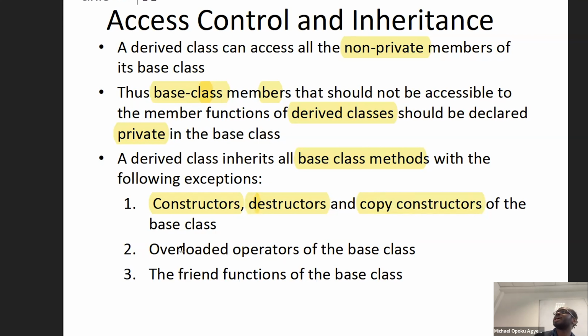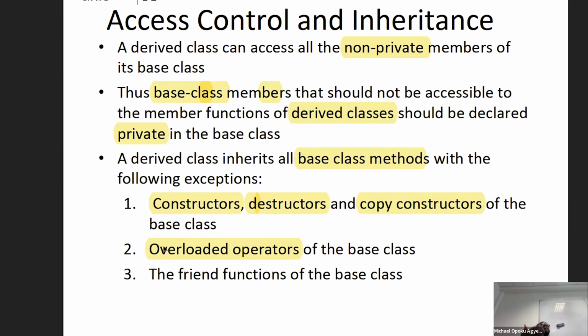So it cannot access overloaded operators of the base class. Overloading is simply something like if we have 1 + 2 is equal to 3, and you overload the plus operator to mean something else. If you think of string, the plus is like overloading. You can have Michael plus Ajuman, and then the plus does not necessarily mean adding two things, but it means concatenation.